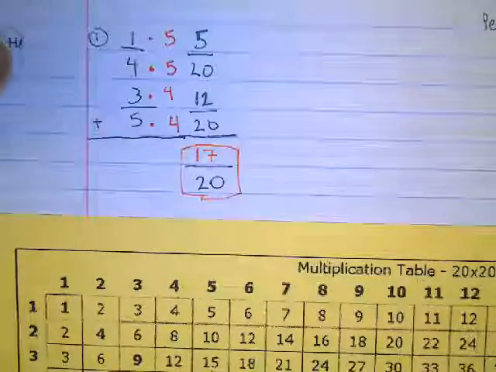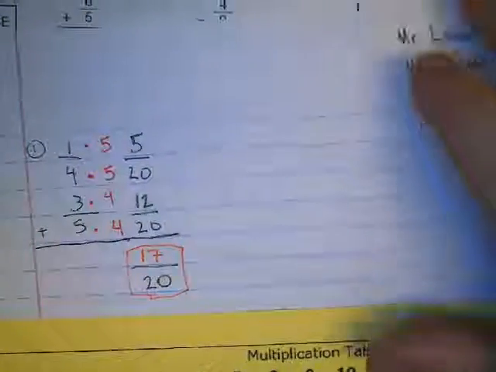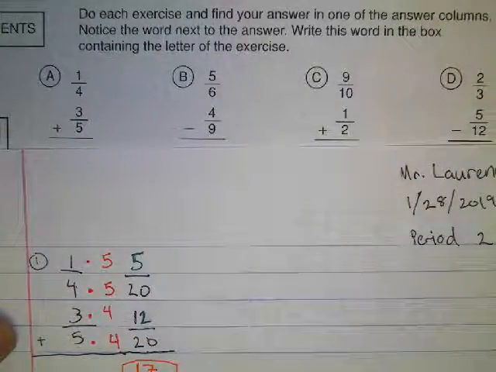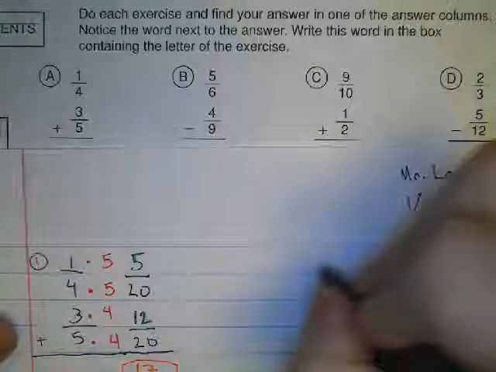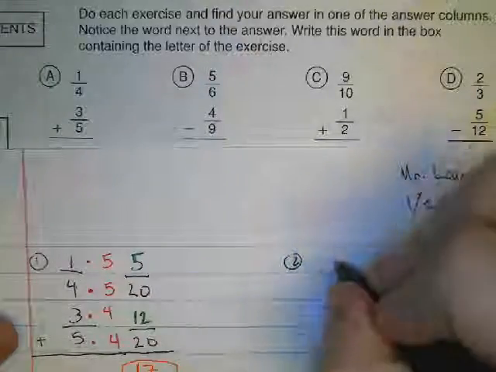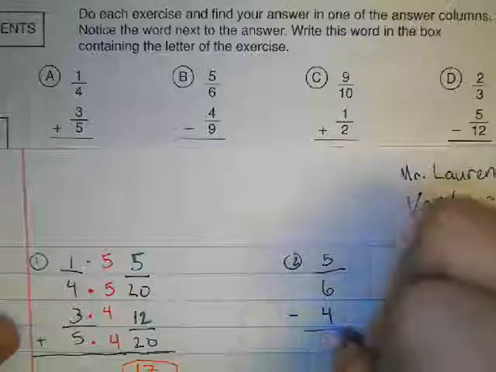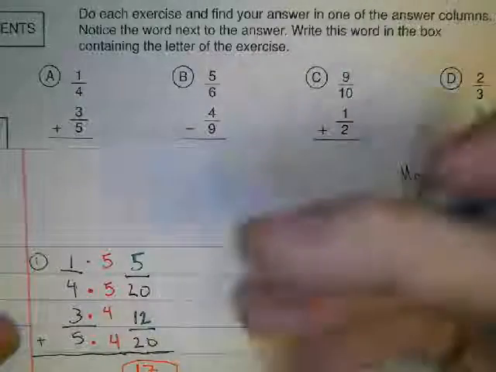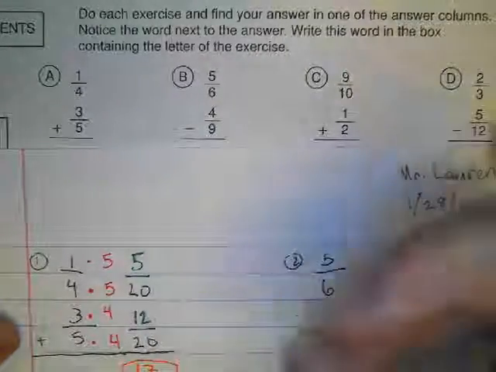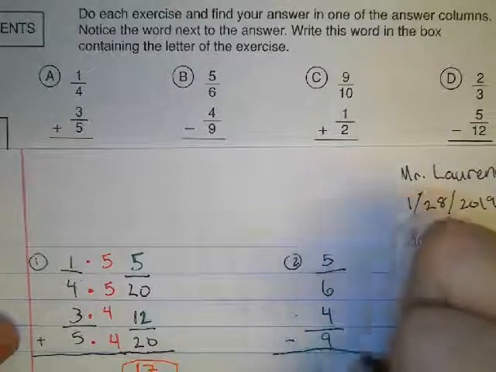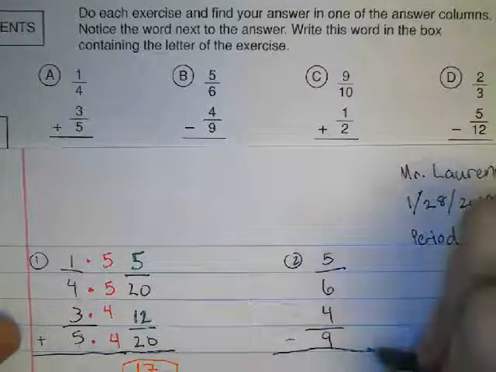Okay, let's try number 2. 5/6 minus 4/9. And what's that going to equal? Well, we'll need to have that common denominator.